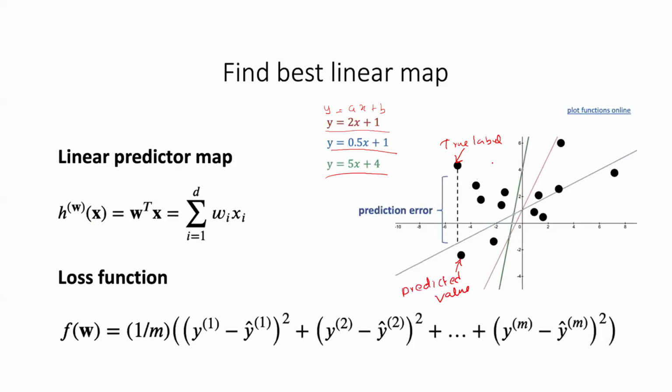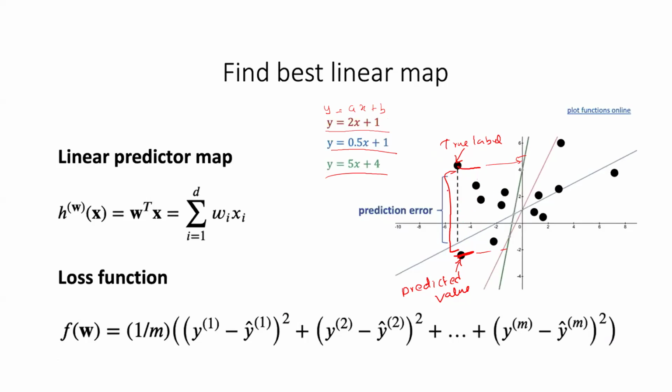So you can see there is an error between the true label, around 5, and the prediction, around -2. The difference between them is what the loss function measures.